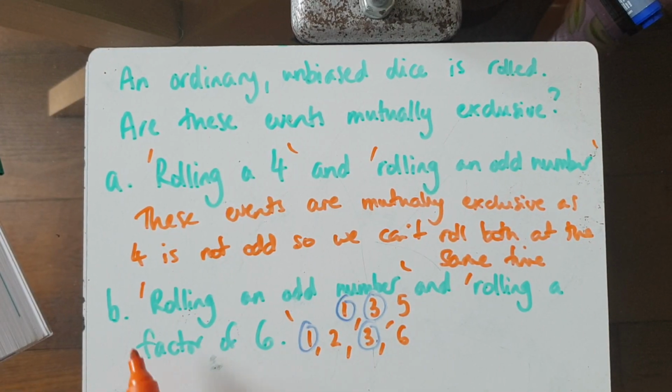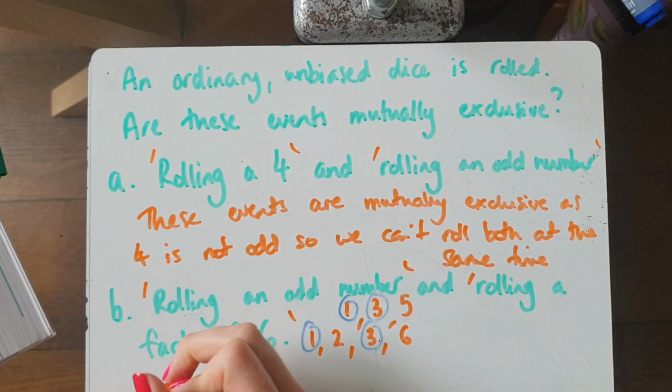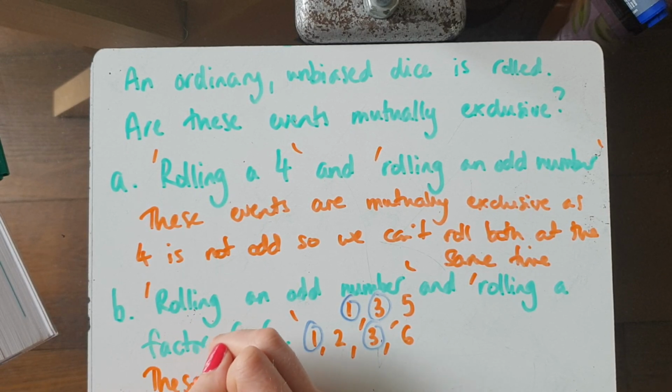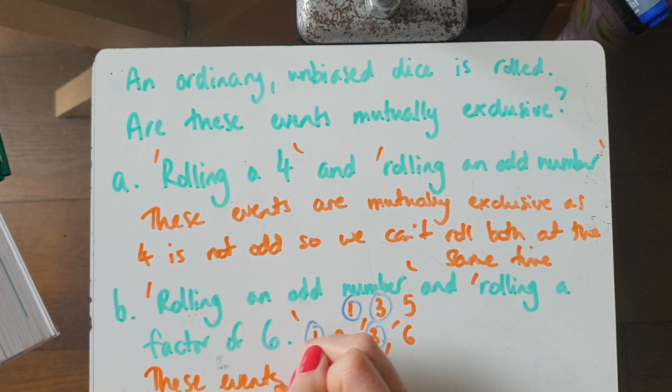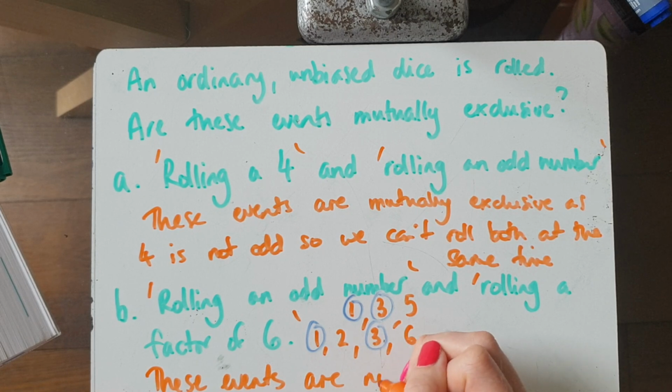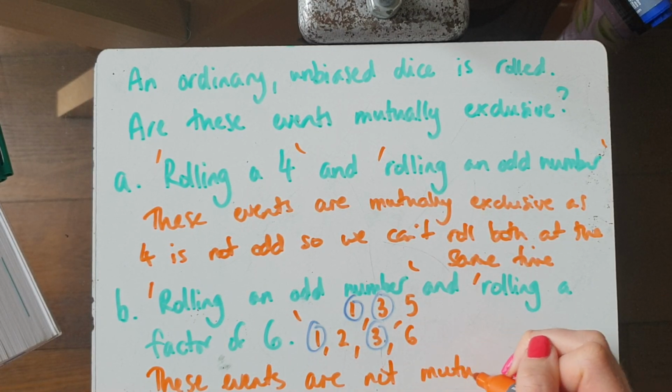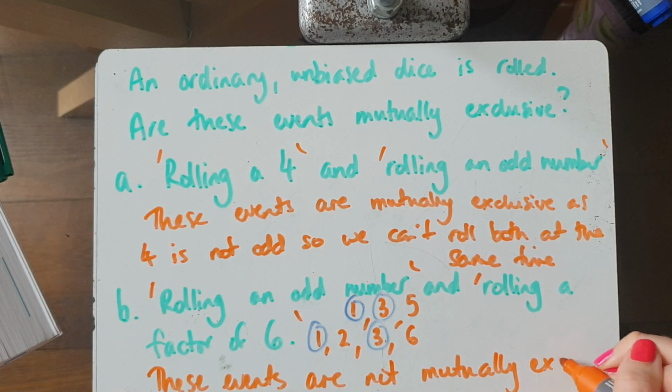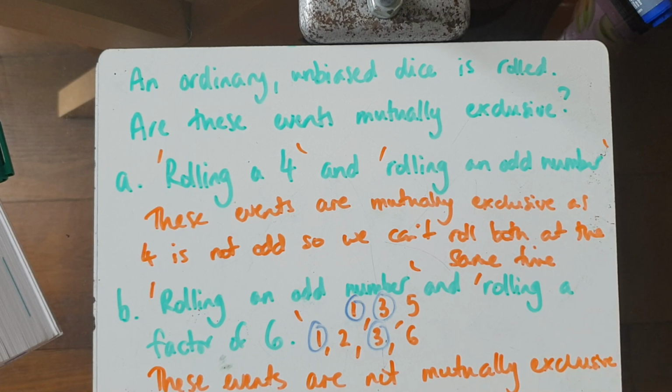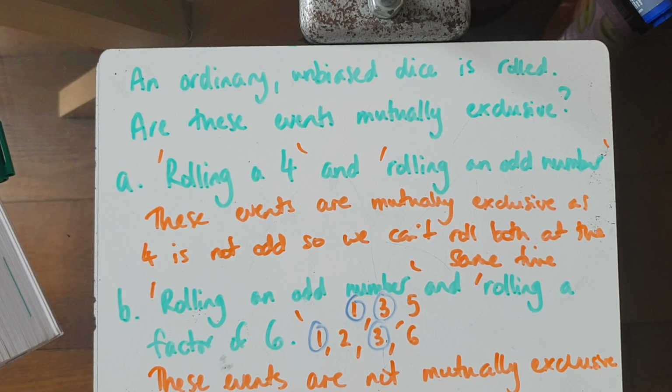So rolling an odd number and rolling a factor of 6 is not mutually exclusive. So these events are not mutually exclusive because we could roll a 1 or we could roll a 3. So get that copied down, please.